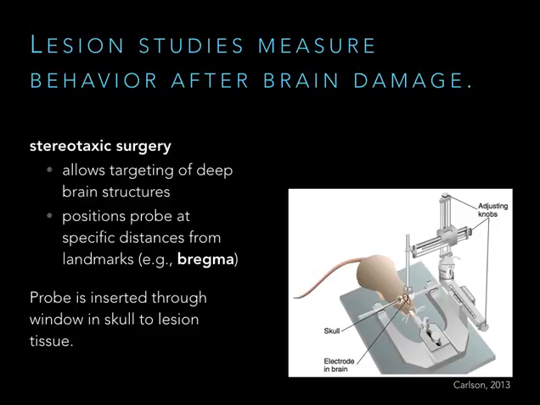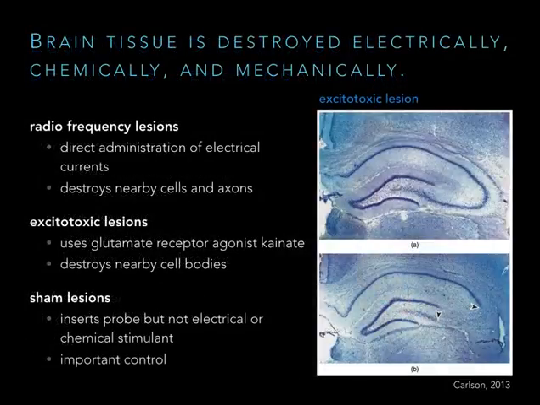The manipulations vary. You can use direct electrical stimulation, in this case using radio frequency lesions. Remember that neurons are active by creating electrical currents. And so by generating electrical currents with your stereotaxic probe, you can directly stimulate neurons.